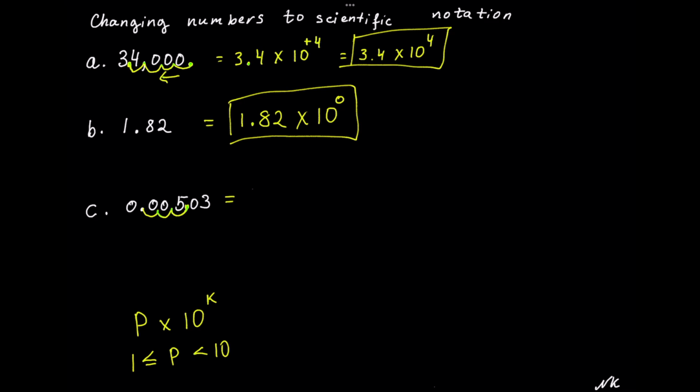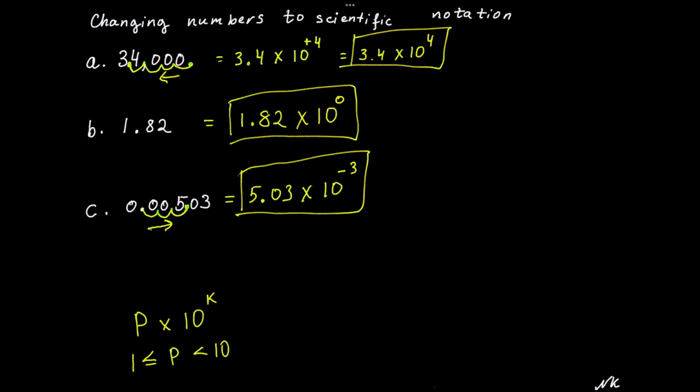So this will give us 5.03 times 10 to the, if you move the decimal place to the right, the exponent will be negative, so negative, and we move the decimal place 3 times, so 10 to the negative 3 is our solution. So 5.03 times 10 to the negative 3 is our solution.